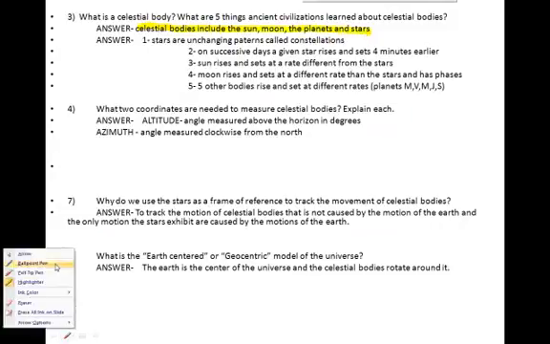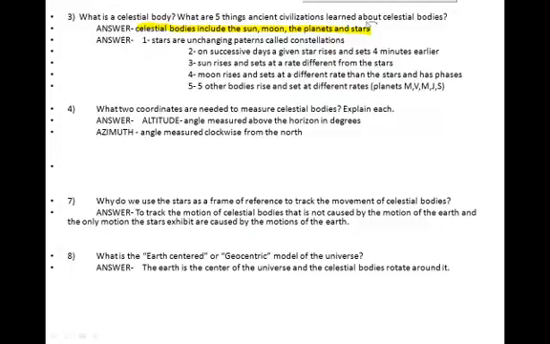Of course, they are stars, planets, the moon, and the sun. And there are 5 things that ancient people have learnt. One is stars are unchanging patterns called constellations. The constellations appear to move, but that's due to the rotation of the Earth.